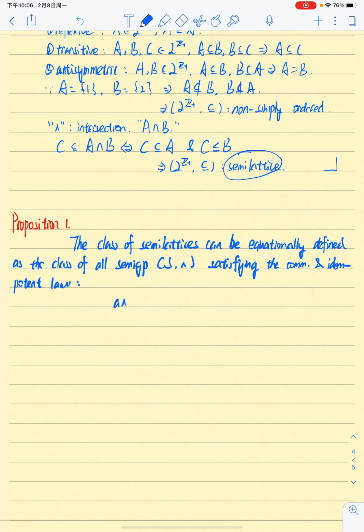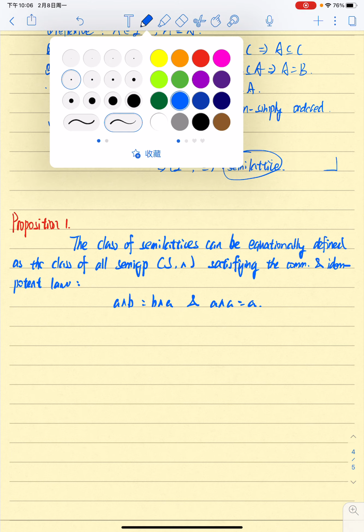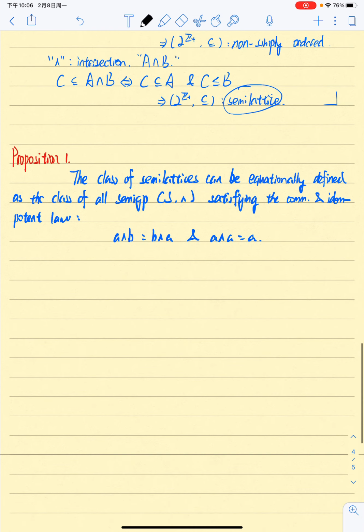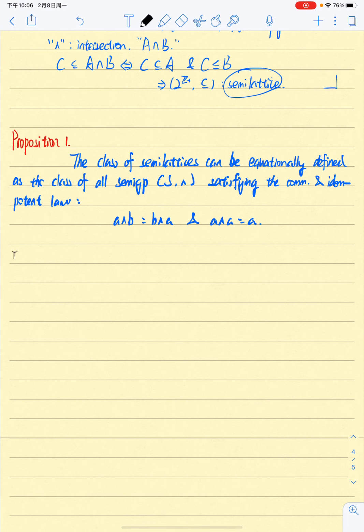That is, AB equals BA, and AA equals A. Okay, let us prove this. That means the semi-lattice and the semigroup can be defined equationally.